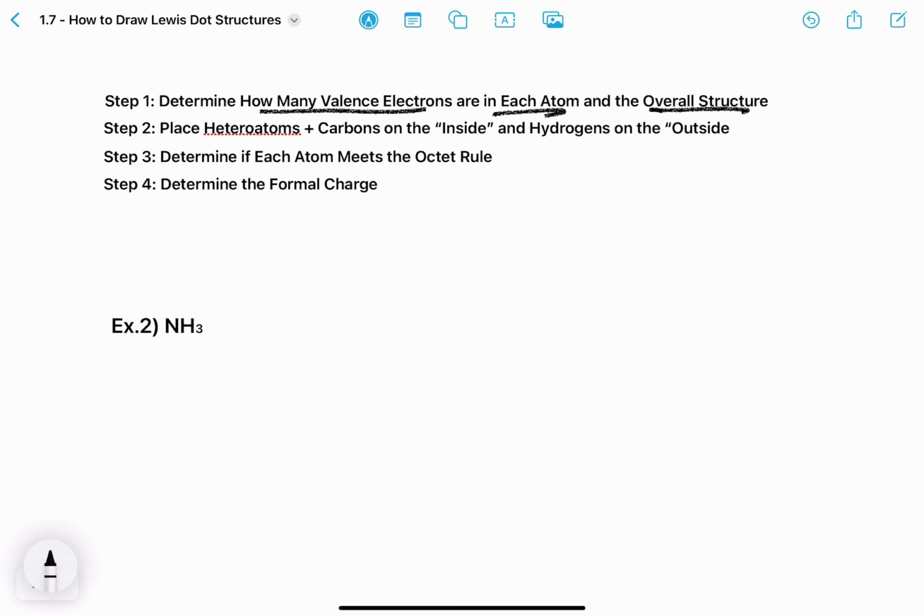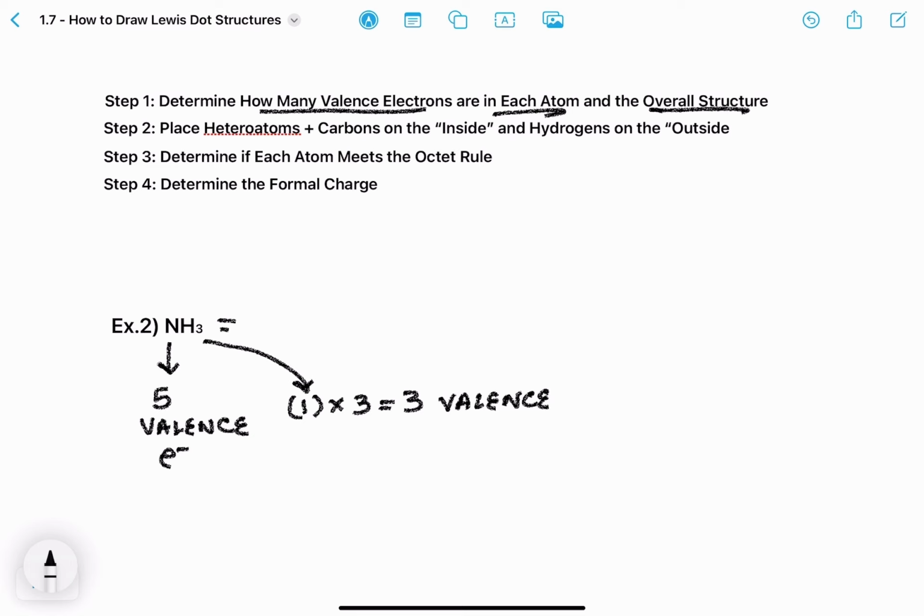Nitrogen has 5 valence electrons because it's in group 5 of the periodic table, and hydrogen has 1 valence electron, and there are 3 hydrogens for a total of 3 valence electrons. So the molecule overall has 8 valence electrons. Again, we won't make use of the 8 valence electrons total in this situation, but in further examples, which we'll talk about later, we'll need that information.